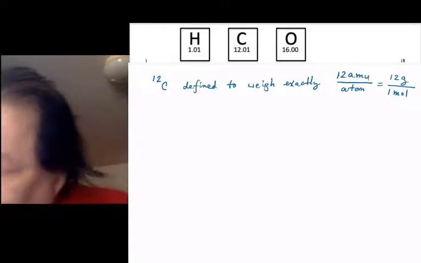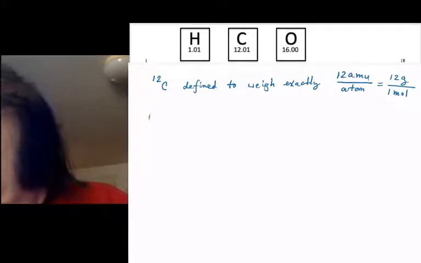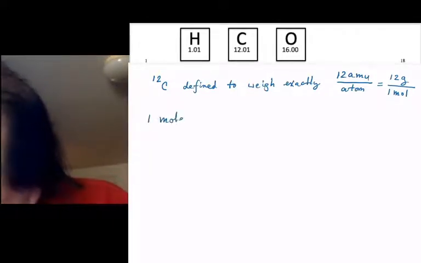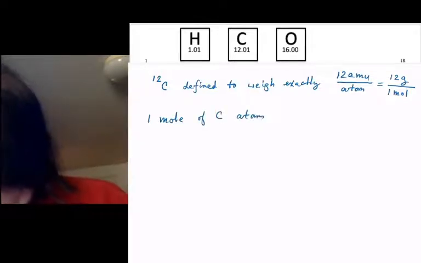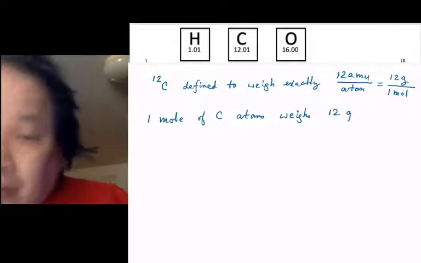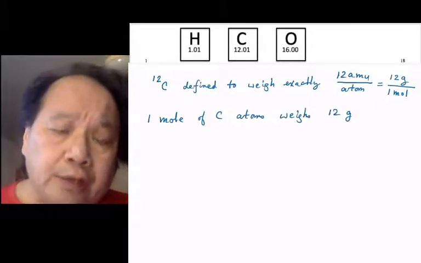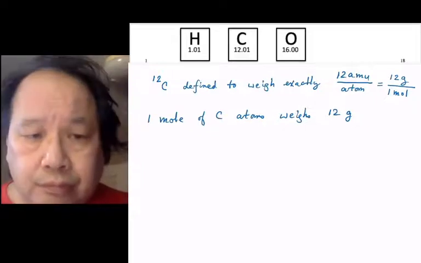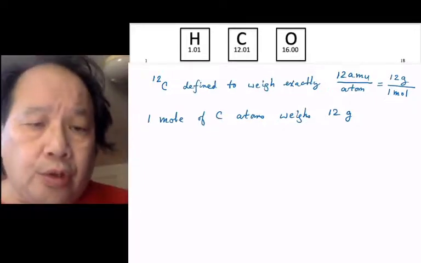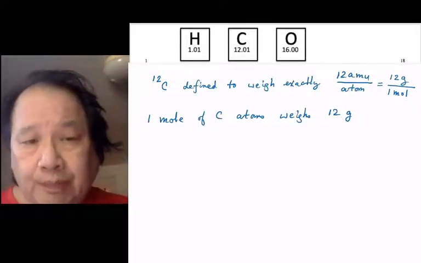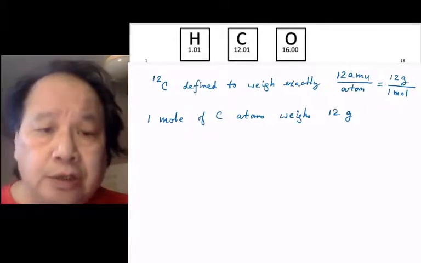So 1 mole of carbon atoms weighs 12 grams. And how do I think of that as someone who knows the concept of moles well? And I really relate it in my head to the concept of a dozen.